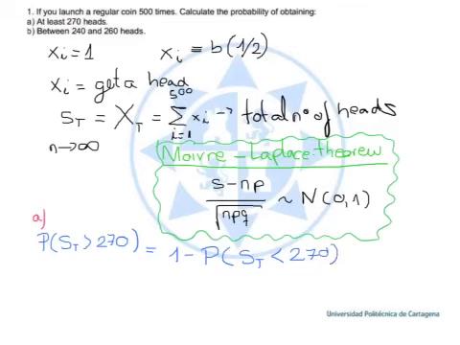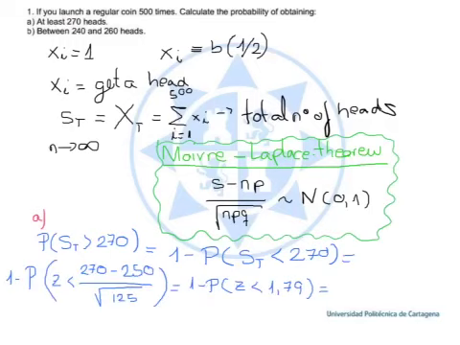Now we will use the Moivre-Laplace theorem. Take a look, we have followed all the steps, and now we just have to look for this value in the normal distribution table. So we get that this is equal to 1 minus 0.96327.